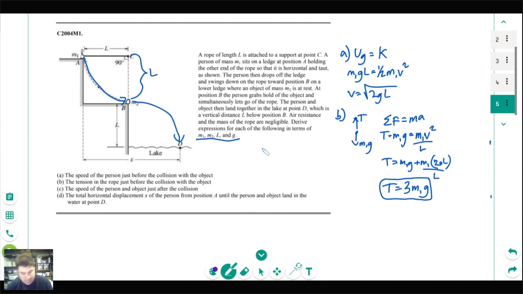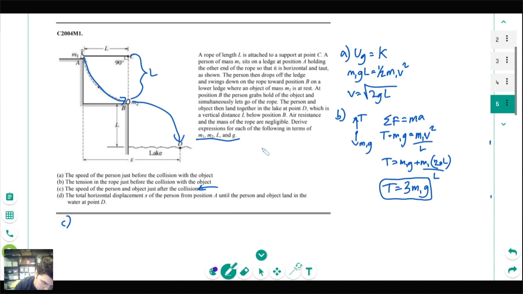All right, part C, the speed of the person and the object just after the collision. They finally mentioned the word collision here, which, what I teach my kids, is a clue. This is P before equals P after.